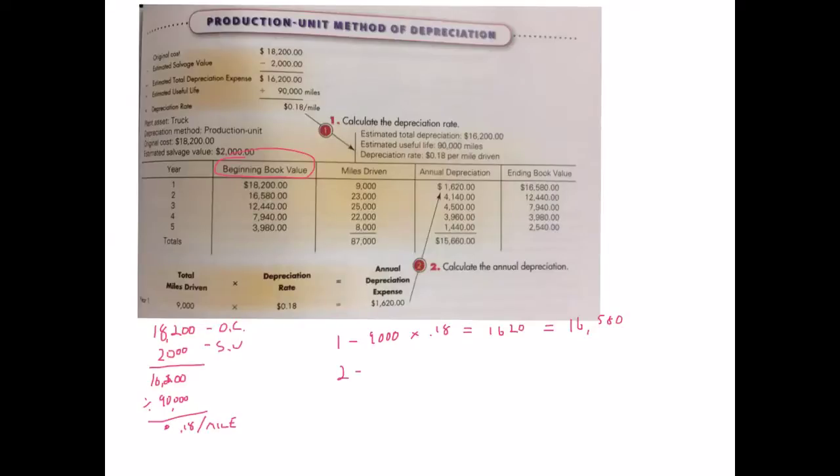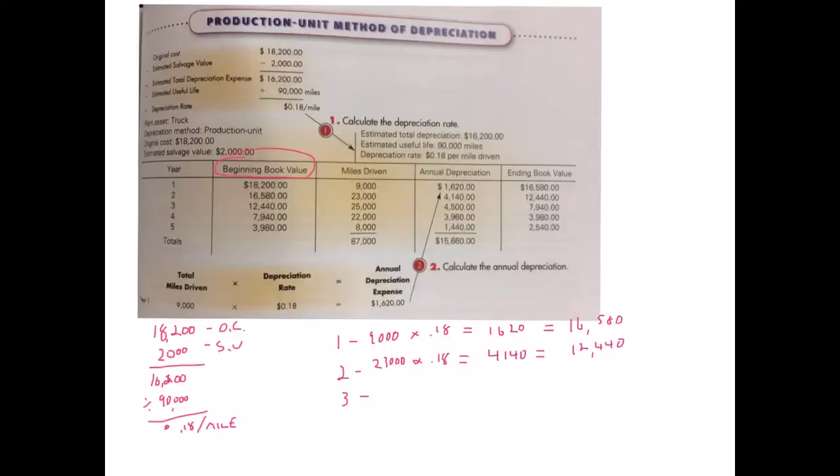Year two, we have 16,580 as our beginning book value. In year two, we drove 23,000 miles. Take that times 0.18. We can depreciate in year two 4,140. 16,580 minus 4,140, $12,440 is our ending book value in year two.